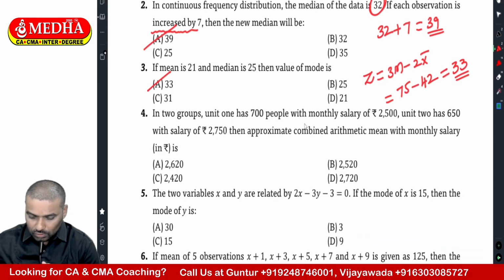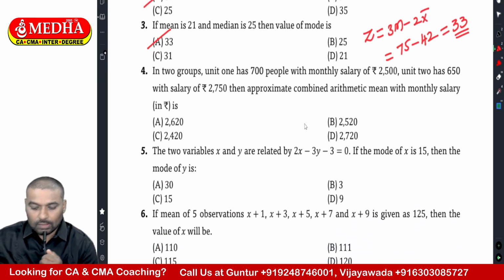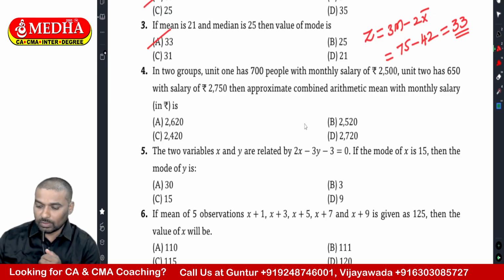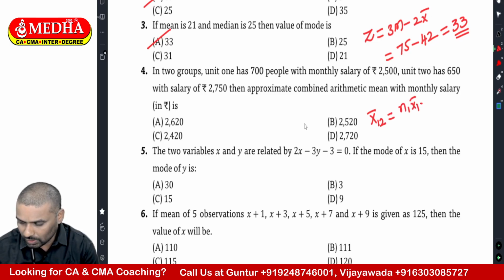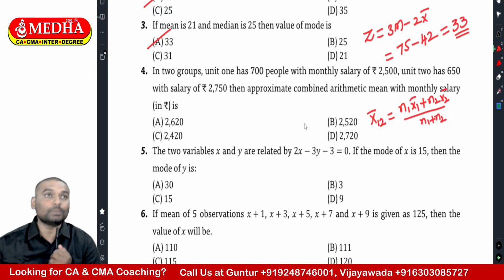Now bit number 4. This one is based on combined arithmetic mean. The formula for the combined arithmetic mean for two groups: x12 bar is equal to n1 x1 bar plus n2 x2 bar divided by n1 plus n2.